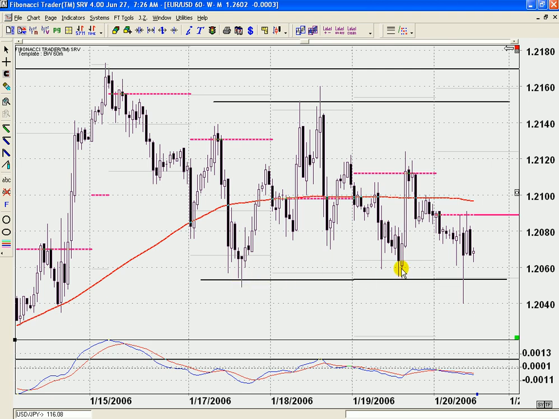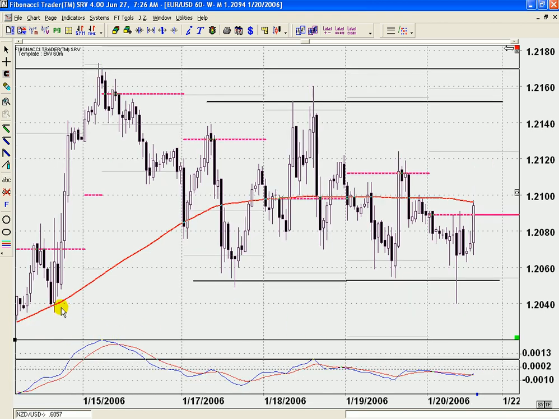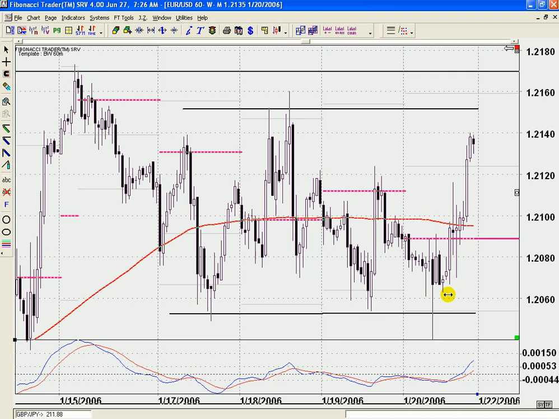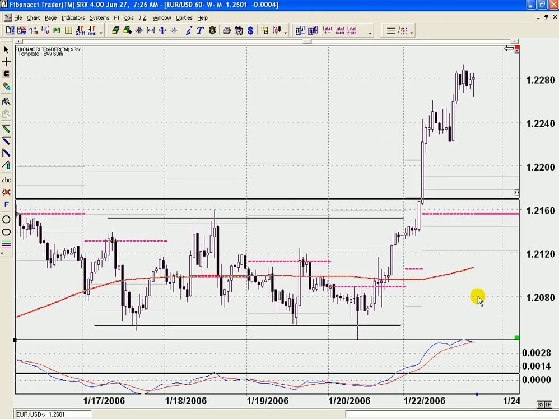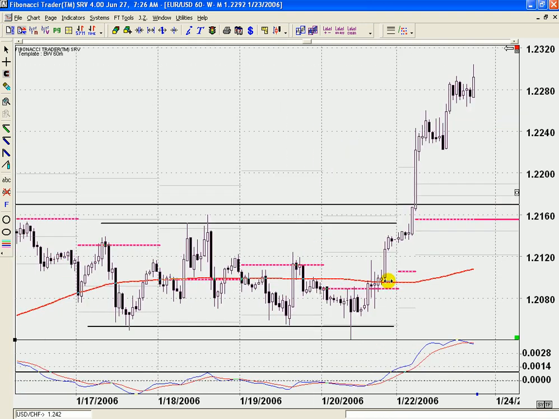Price comes down, tests it, and responds. The next day, price comes down again into the sell zone, tests this level at S1 and responds. In fact, it comes all the way down and tests this level here, and then price responds by rallying.